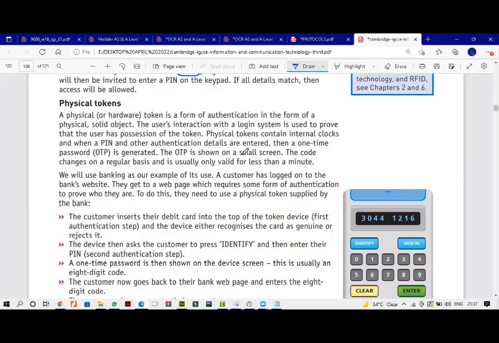So at times when you are enabling your debit card or credit card for the very first time, they will ask you to create a physical token. That could be generated right away, and afterwards it's of no use. So it's only used the first time. We call it a physical token.